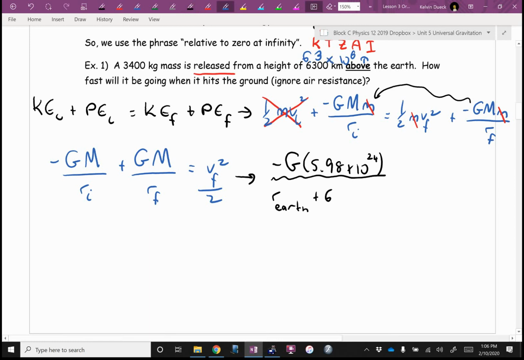That's a habit. I think our initial radius is the radius of the Earth plus the altitude, which is R Earth plus 6.3 times 10 to the 6th. No calculators yet. James, you agree with me there? Sixth. Why do I put an 8? Because I can't read my own writing. Thank you. Sixth. You okay with that so far?